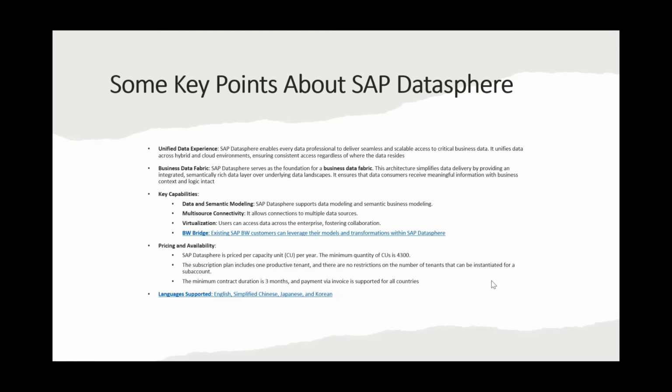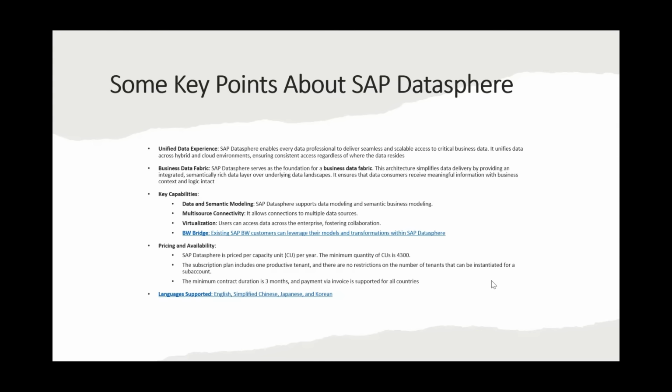So it will have a unique feature, with its own metadata, and how it relates to business, and how one dimension is related to another dimension. All those things are taken care of in Datasphere, and that is why it is called a semantically rich data layer.